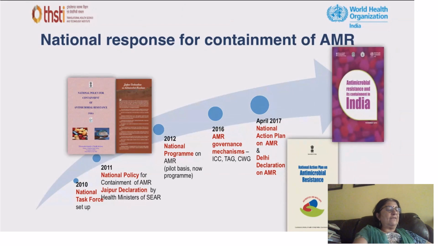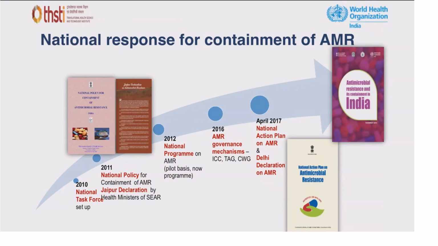In 2012, the Ministry introduced a national program on AMR on a pilot basis, which is a full-fledged program. This was further strengthened by ICC tag and CWG governance mechanisms in place. In April 2017, the Ministry of Health and Family Welfare launched the National Action Plan on AMR and Delhi Declaration on AMR.